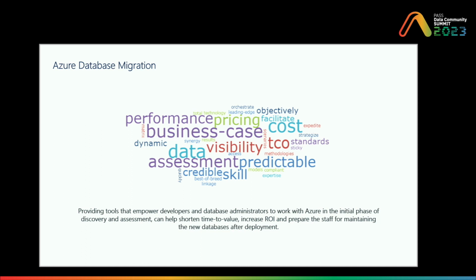Some of the challenges we understood are performance and pricing: when I'm moving from Oracle to SQL, what does the pricing look like? How do I make my migration more predictable? What is my business case, how do I justify it, and what will be the TCO benefit once I move from Oracle to some other platform?